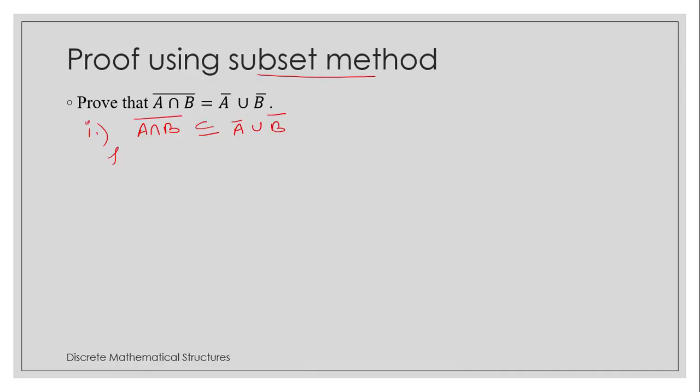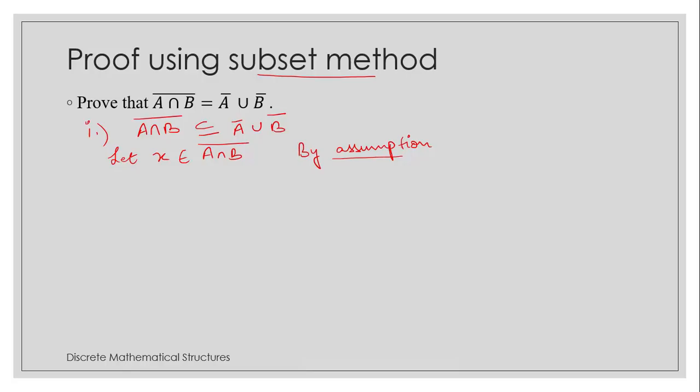So we will start by taking, let X belong to left hand side, which is (A intersection B) complement. This is our assumption. In proof by subset method, we also have to give reason alongside each step.